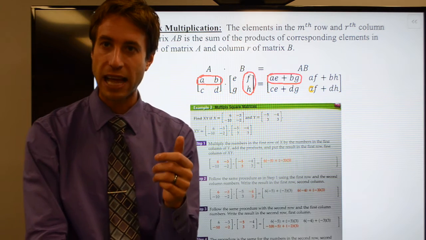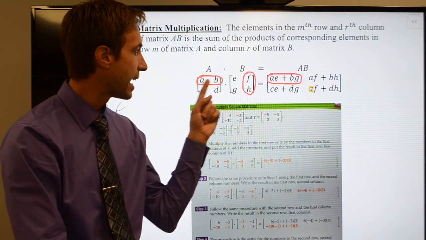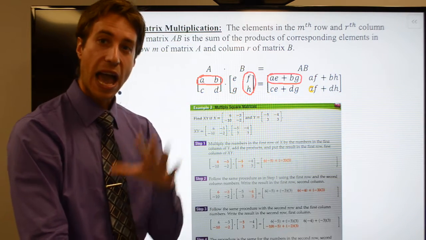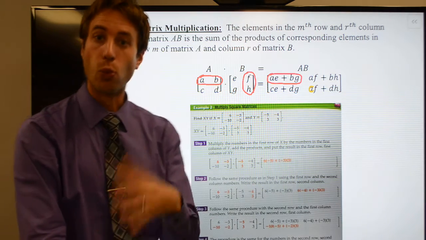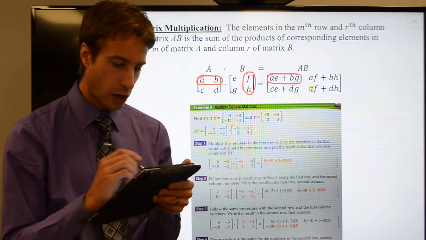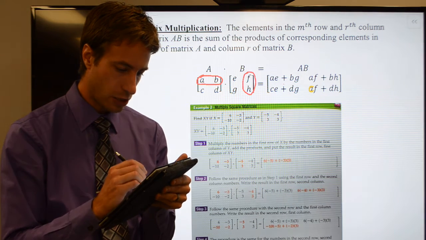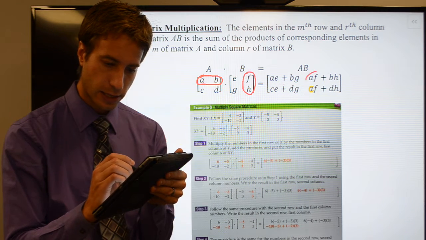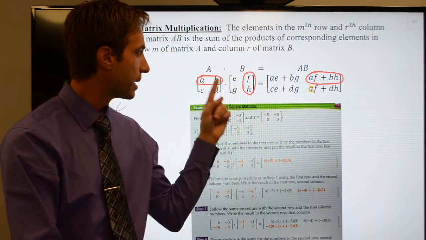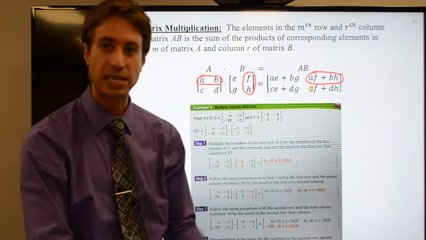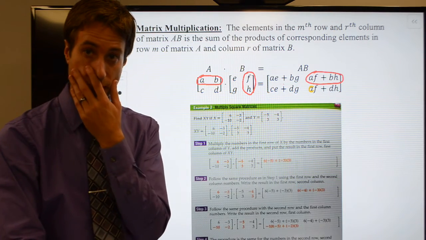Multiply corresponding elements and then add those products together. A times F, add to that B times H. Where does it go? It goes in the second position in my new product matrix. There it is. A times F goes there, B times H there, add them together, and I have the second element in my product matrix.